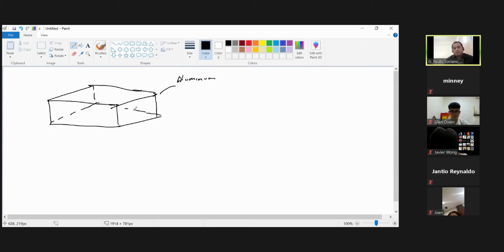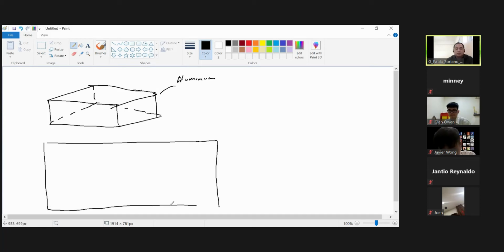Does aluminum come in this shape when you produce it? No. Usually aluminum comes in very big rolls and flat sheets of aluminum like that.